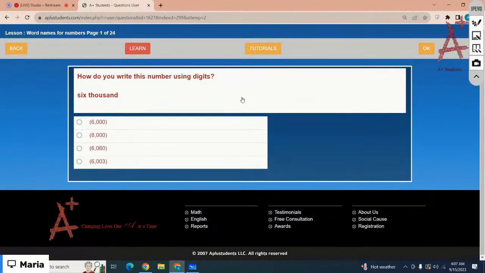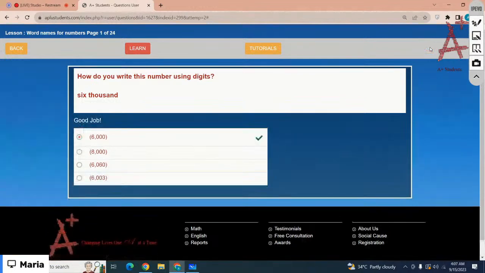You are given four options. You are given the word name, and you have to write the answer in digit form. Option number 1 is the correct option. In number form, you have to write 6,000.